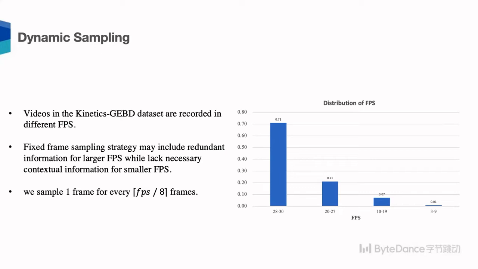So, a fixed frame sampling strategy may include redundant information for large FPS videos, while lacking necessary contextual information for smaller FPS videos. To solve the problem, we use a dynamic sampling strategy. Intuitively, we sample 1 frame for every 8 frames.